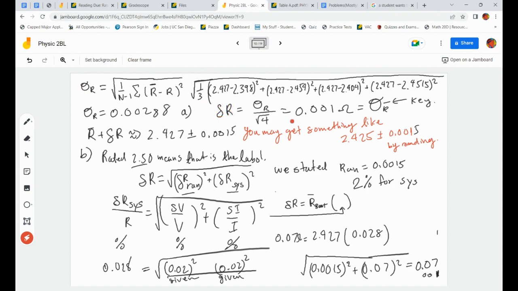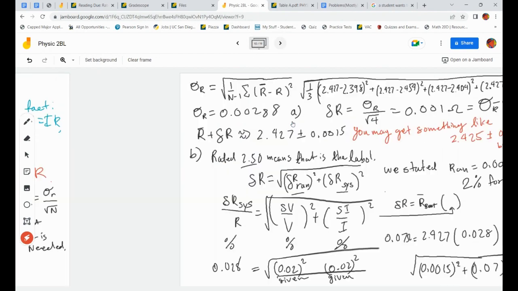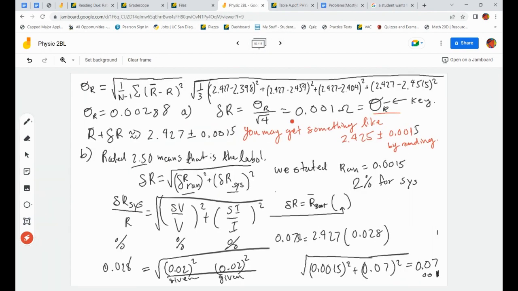The noteworthy thing about A that's different from 4.18 is that we actually get the definition of the error of the mean for R, the uncertainty for R, which is the key point in A that I think the professor wants us to realize: for this question, standard deviation equals the error of the mean, which is over here. Then we just get the square root of 4, and everything else is the same, and you just get this.